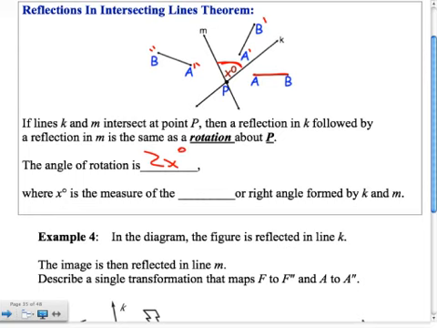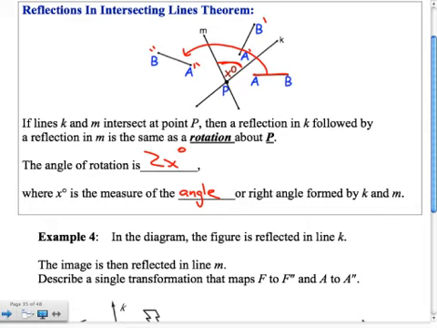That would take AB all the way over to A double prime, B double prime right away, where x is the measure of the angle between the intersecting lines. And so that's what we're looking at there.